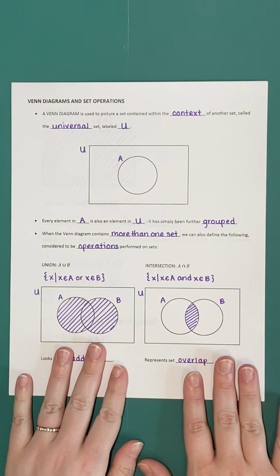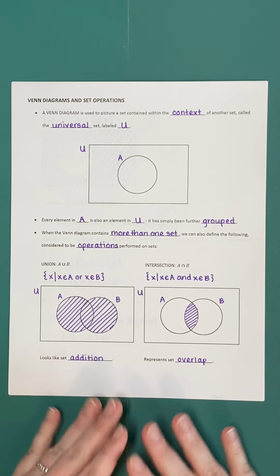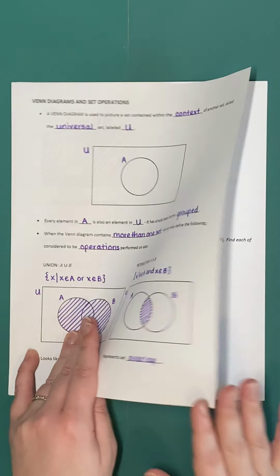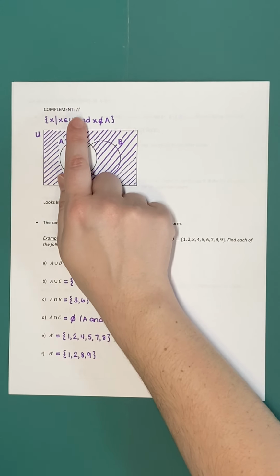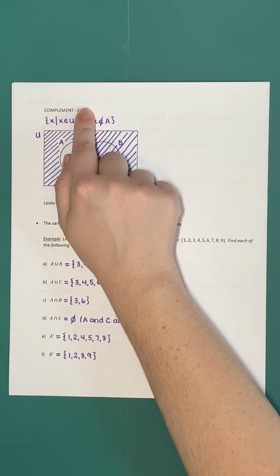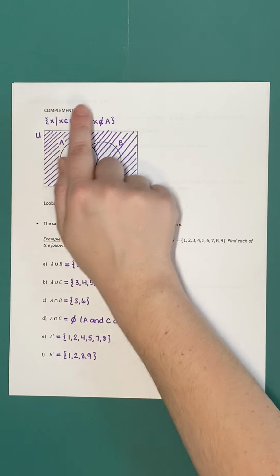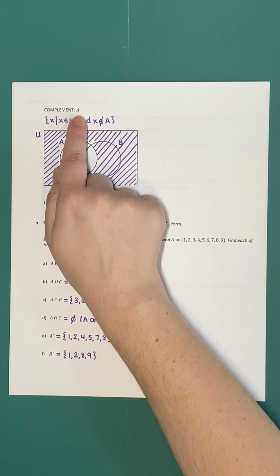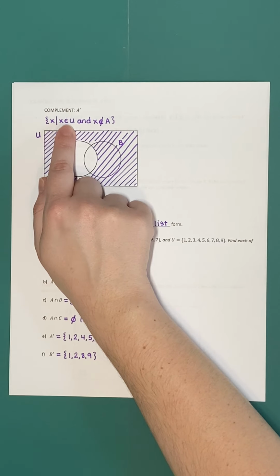We have a third operation that technically only requires the use of one set, but can be applied to more than one depending on the situation we're in. It's called the complement. So A complement is going to be A with a prime. So that looks like an apostrophe. Mathematically speaking, we call that a prime symbol. If we were to describe what's in this set, it's going to be all X such that X is contained in the universal set.